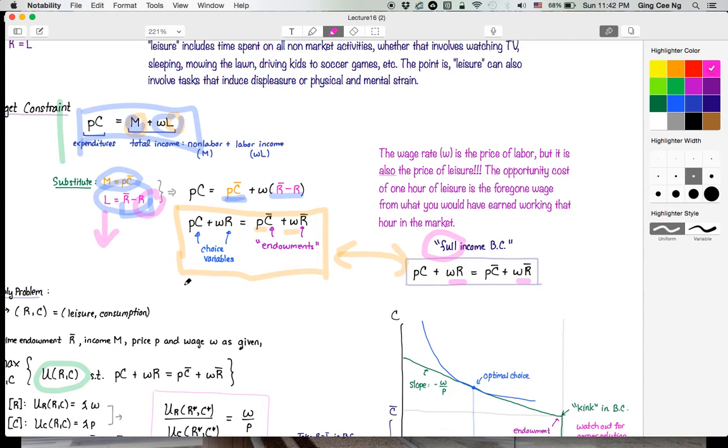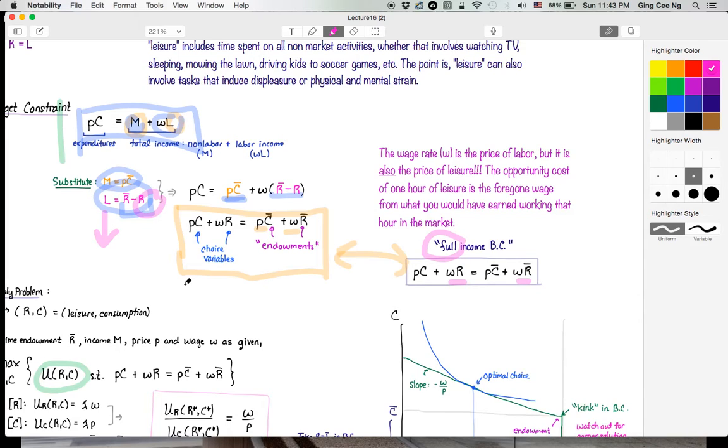So this is one way, and we'll talk about it a little bit more when we do the Slutsky equation, to talk about different labor supply decisions of people that have different hourly wages. Investment bankers are actually not a good example at the low level, but some people have a high hourly wage.